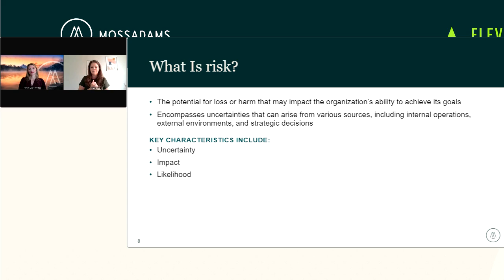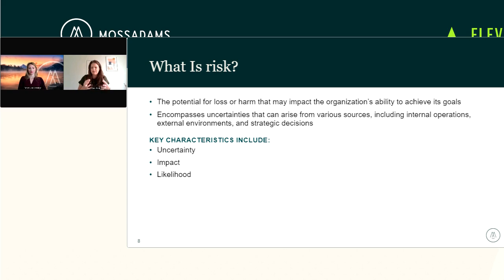And this uncertainty can stem from a lot of different factors, things like market fluctuations, changes in regulations, operational challenges that may be occurring internally, maybe with high levels of turnover, or just challenges with your systems or processes or those sorts of things that can impact your organization's ability to achieve your goals.